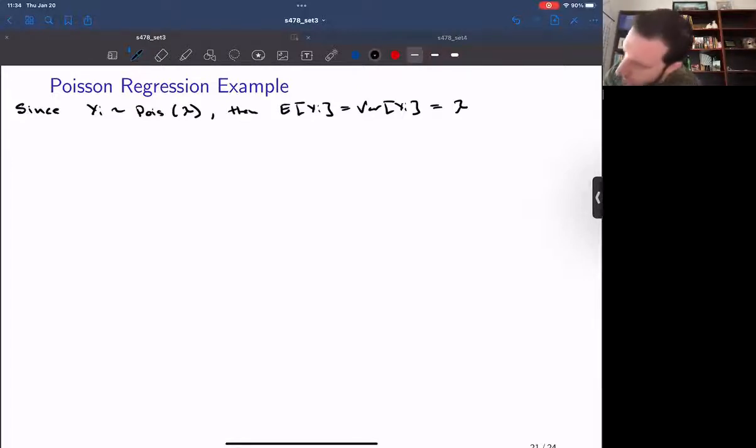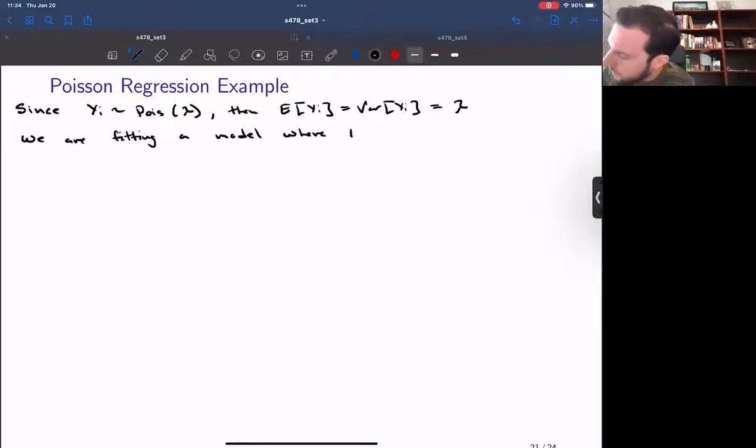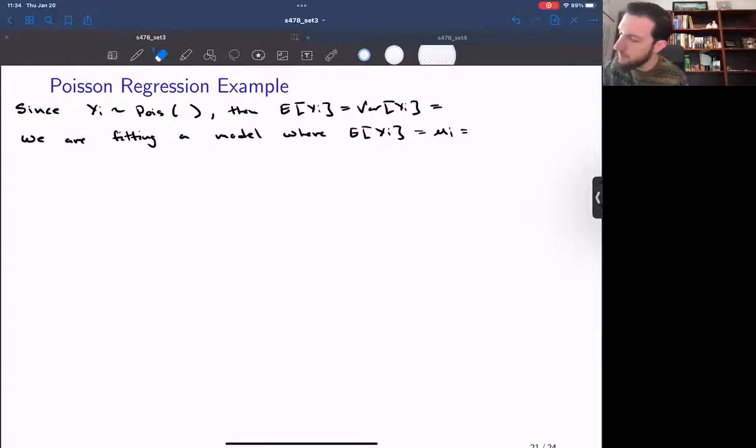All right. We are fitting a model where the expected value of yi, which is equal to mu i, is equal to beta 1 plus beta 2 xi.